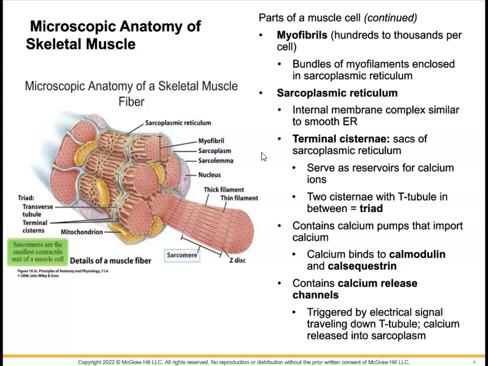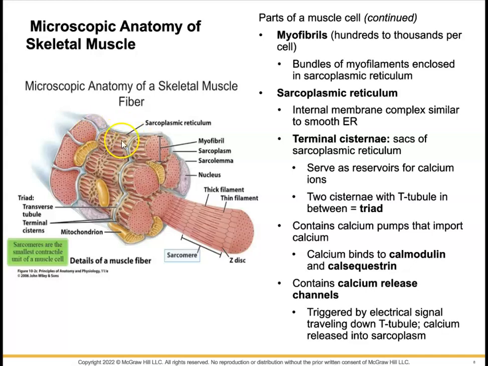Okay, so we talked about the transverse tubules coming down from the cell membrane, still being a part of that cell membrane. Well, they're right there closely packaged in with the sarcoplasmic reticulum, which is a modified type of smooth endoplasmic reticulum, smooth ER.